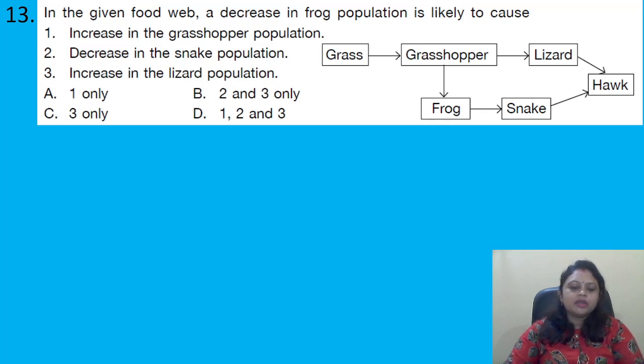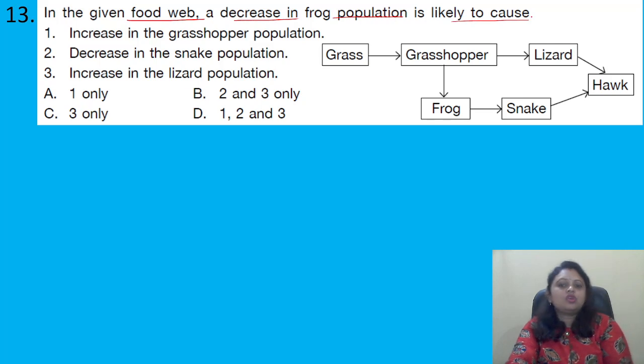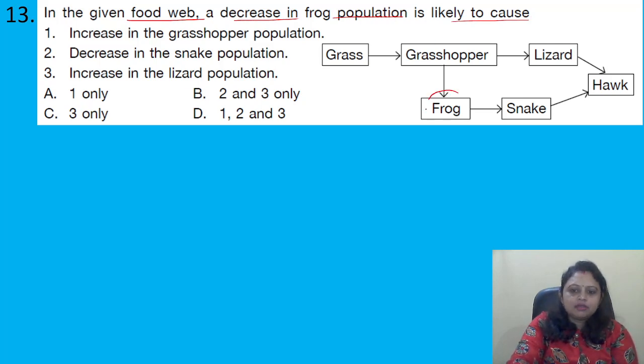So here in the given food web, a decrease in frog population is likely to cause what? If the frog population decreases, frog feeds on grasshopper, so the population of grasshopper will increase. So the first statement is correct. Snake feeds on frog.